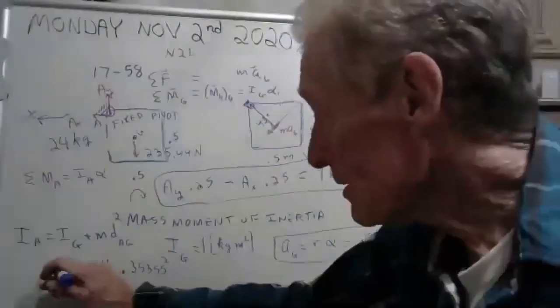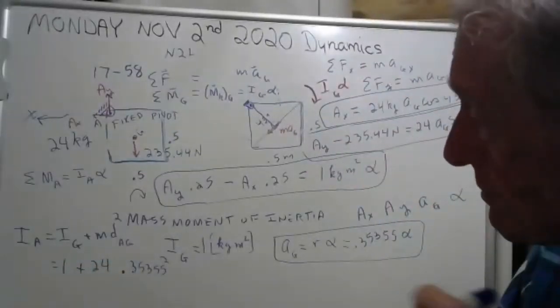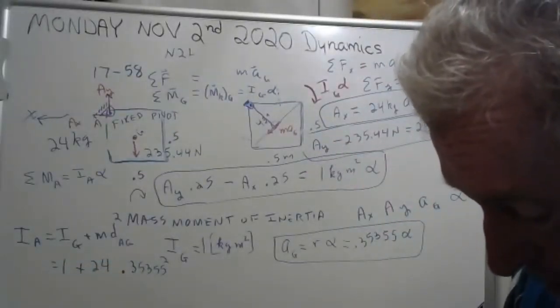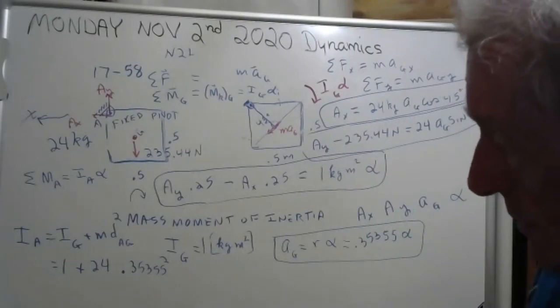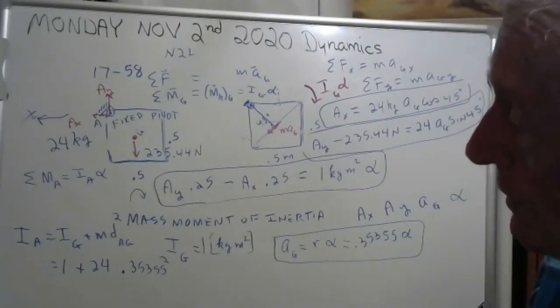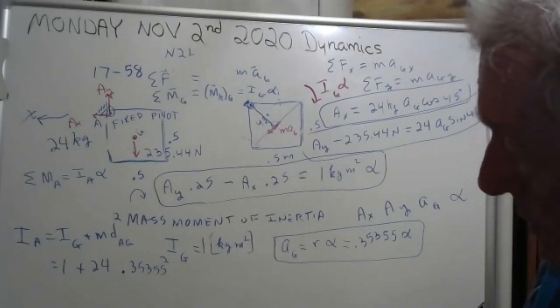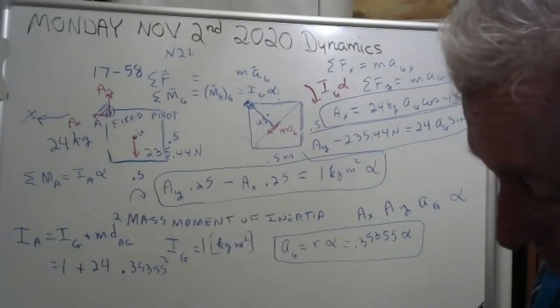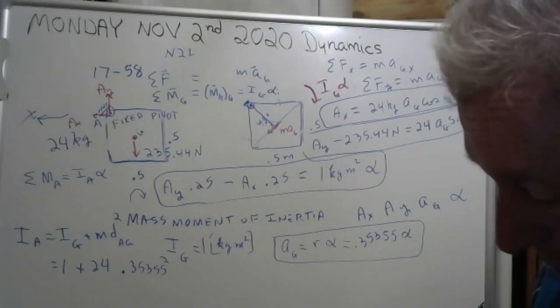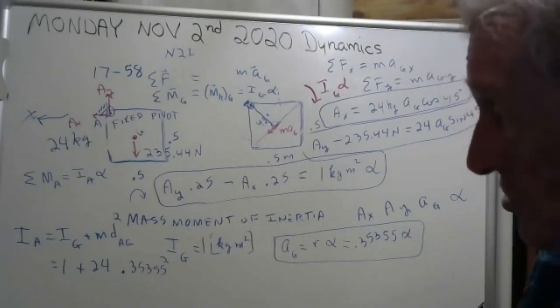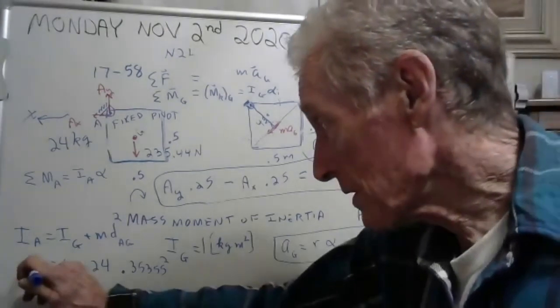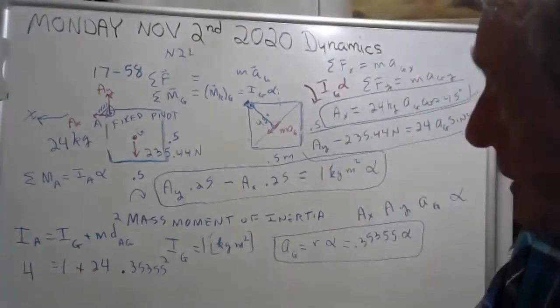And so IA is equal to, hang on, we're running out of time, but I think we got time to get this whipped here. 0.35355 squared times 24 plus 1. Gee, I get 4. Isn't that weird? I get 4.